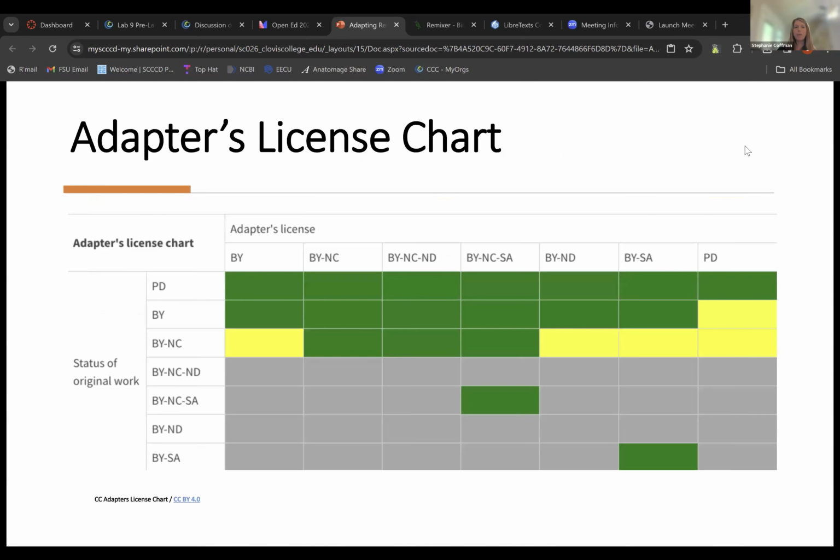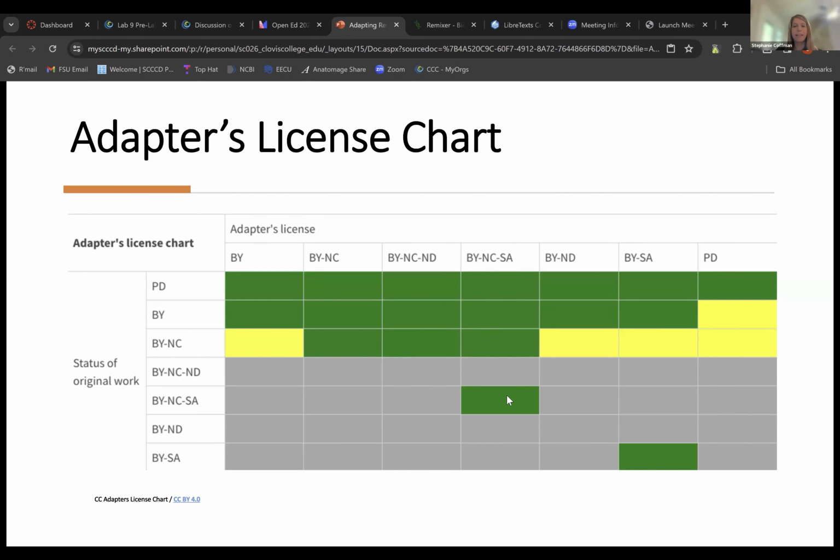So in this table, on the side is the original work and on the top are the licenses you could choose from. It kind of shows which licenses wouldn't be compatible with each other. So if you look on the left where it says CC BY-NC-SA, which is the license of our smoothie or of the oranges, you can see that anything that's made from it, there's only one green box in that whole row.